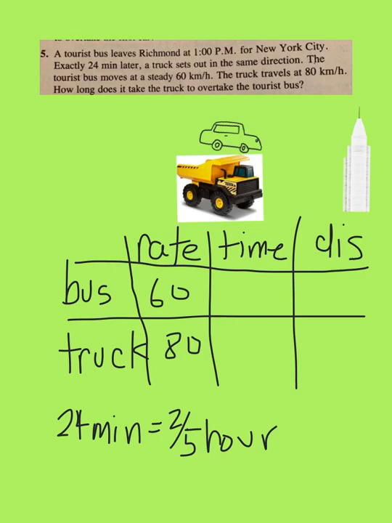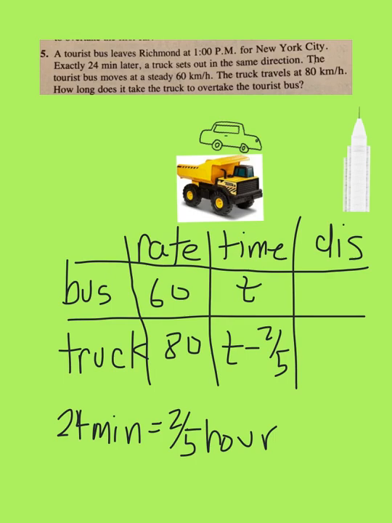All right, so let's see here. If the bus has been traveling for t hours, that means the truck has been traveling for t minus 2/5 hours, because remember, the bus got a 24-minute head start.